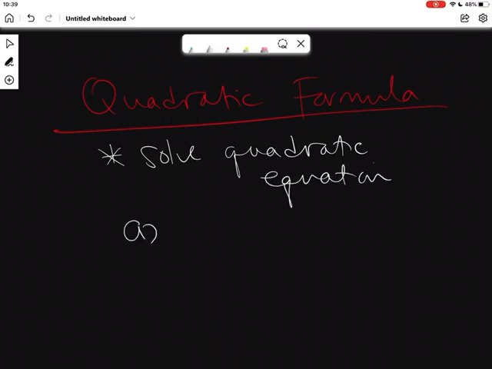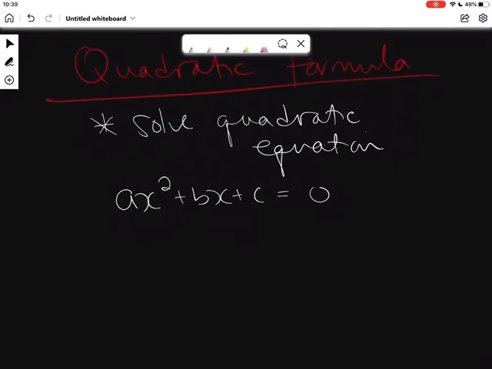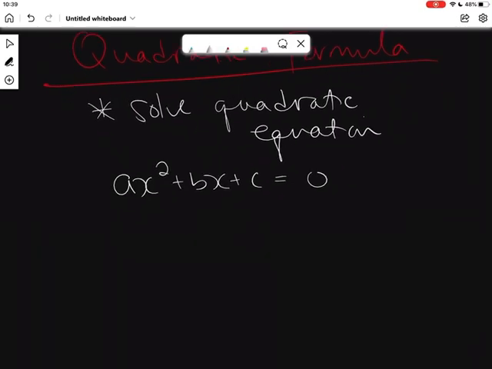So any quadratic equation that I have, if it's in this form, ax squared plus bx plus c equals 0, then I can use the quadratic formula to solve this, okay? And this is what the quadratic formula says.